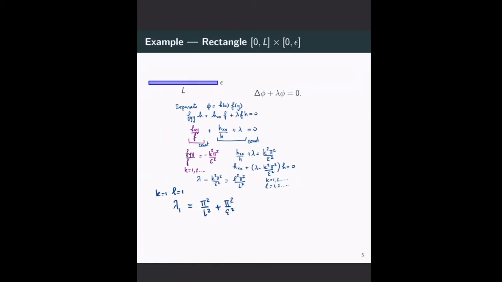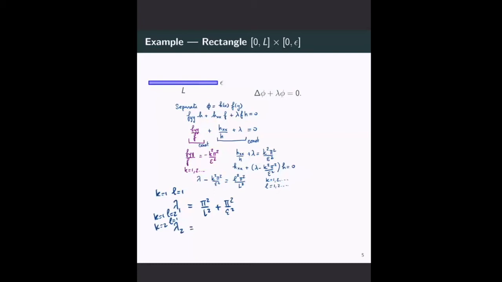Now for the second eigenvalue, I have a choice. I can either take k equals 1, L equals 2, or k equals 2, L equals 1. That would be the candidate for the next smaller one. Now, epsilon is very small, so it's better to put the 2 in front of the pi square over L square.